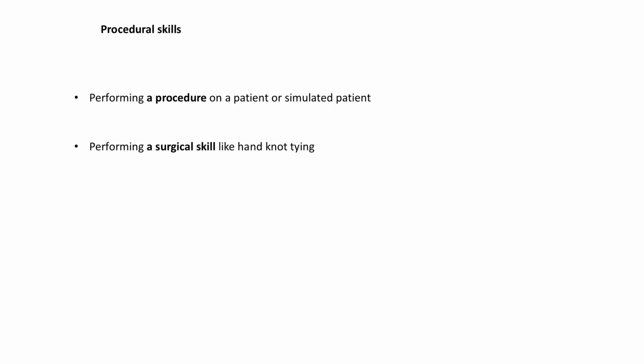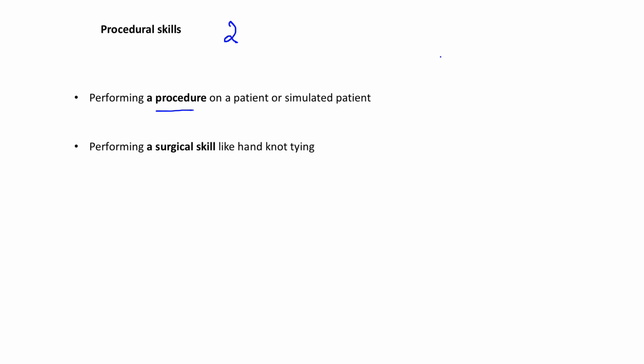So procedural skill stations, these are 2 stations. In one station you perform a procedure like you may need to do a chest tube, or suturing of skin lesions. They're not very complicated procedures like doing an operation, but these are the procedures that are assessed.